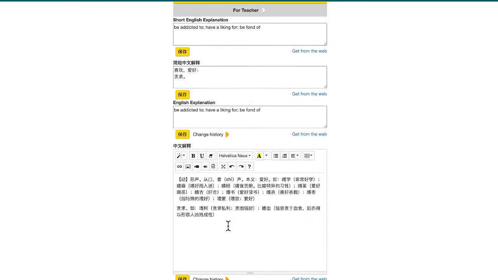And also some others, like 势利, where 利 means interest. 势利 means this person has a very strong desire and addiction for making profit or gaining advantage.